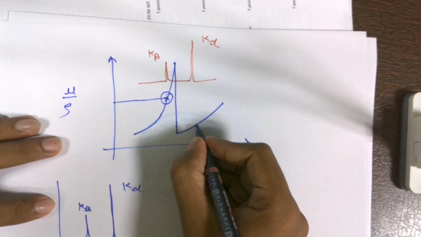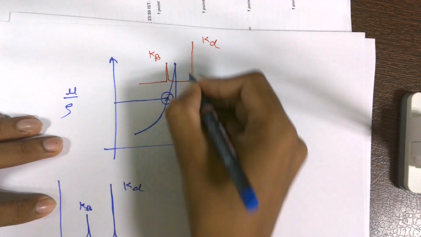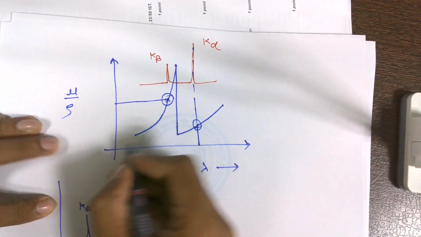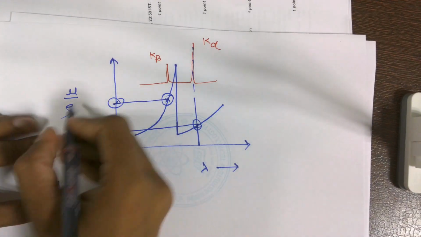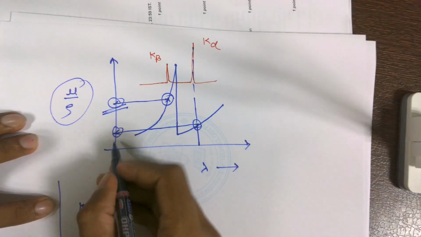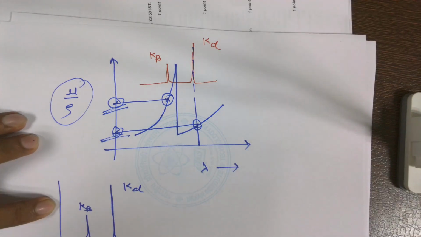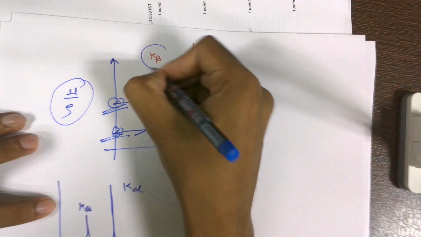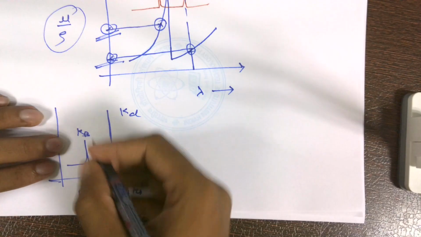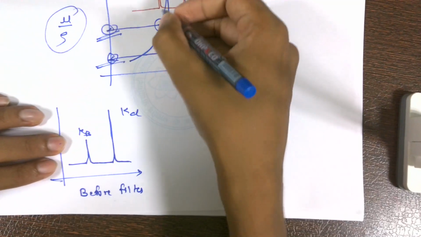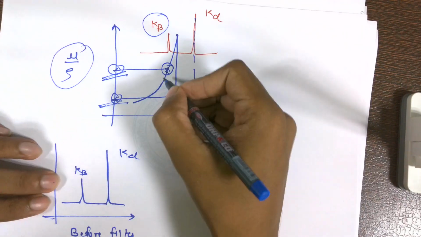But here the K alpha is somewhere over here, whose absorption is quite low. The K beta absorption is more, the K alpha is less. So the K beta energy will be absorbed more. So the K beta will be used up in this filter.